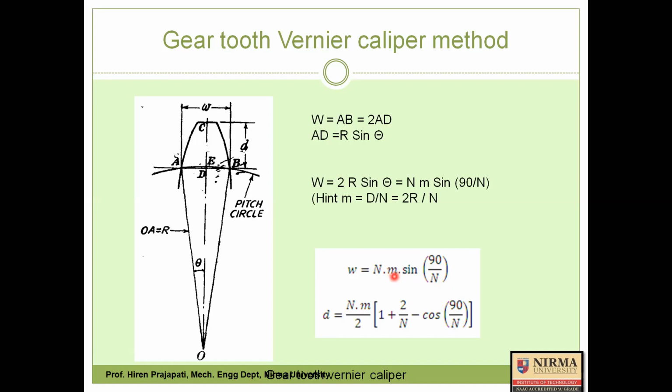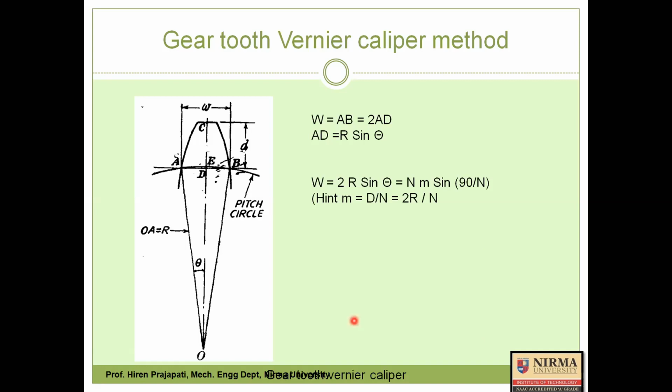So m is known to you, and you can solve both equations. So you get the theoretical value of chordal thickness W, and you also get the theoretical value of chordal depth D from these two equations.